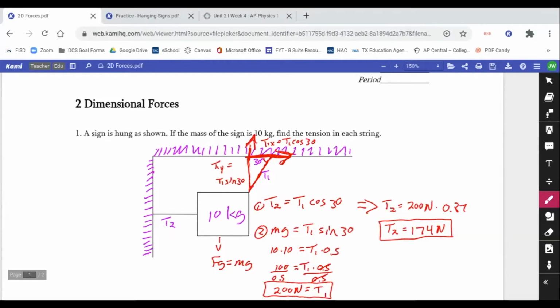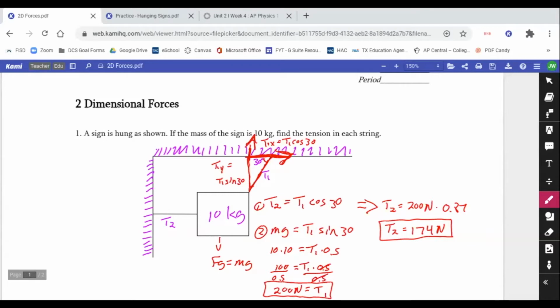In the short term, rounding along the way, we always account for that. In the long term, like for your test in May, you're not going to use numbers. You're going to leave it as T1 cosine 30, or actually it'll be T1 cosine theta. So you're not going to have hardly any numbers at all. So make sure you're getting used to the variables as much as possible.